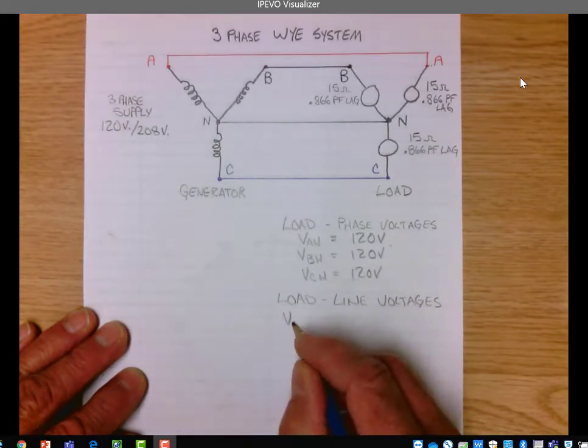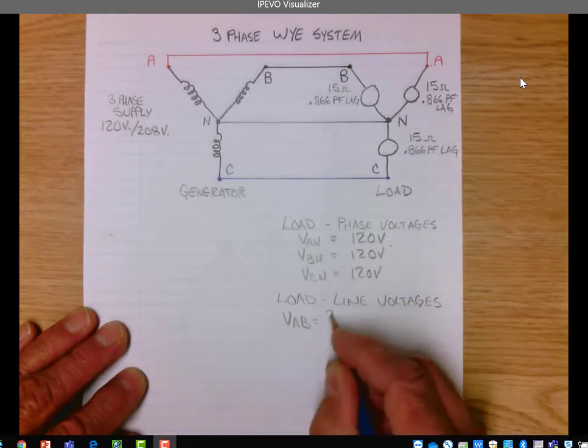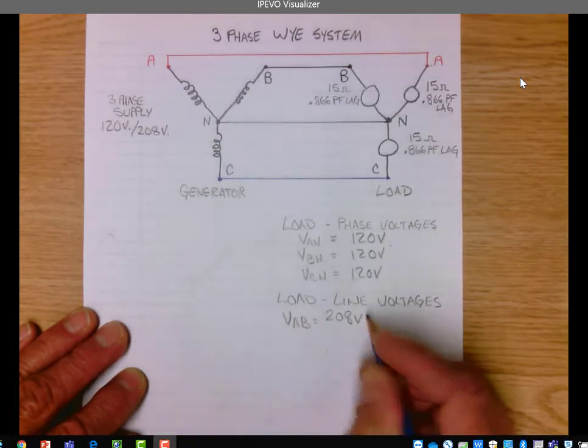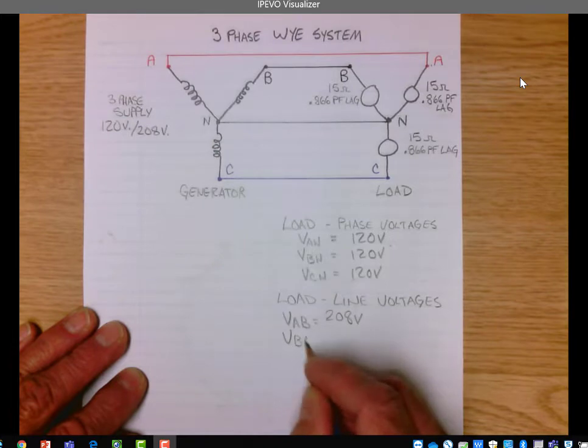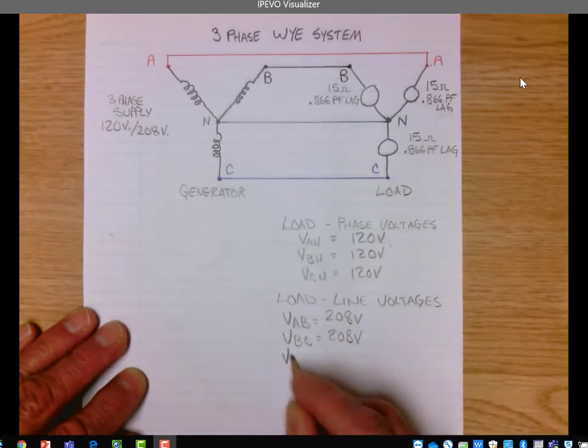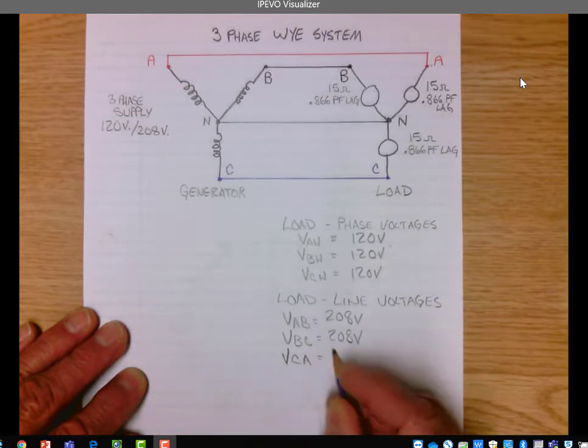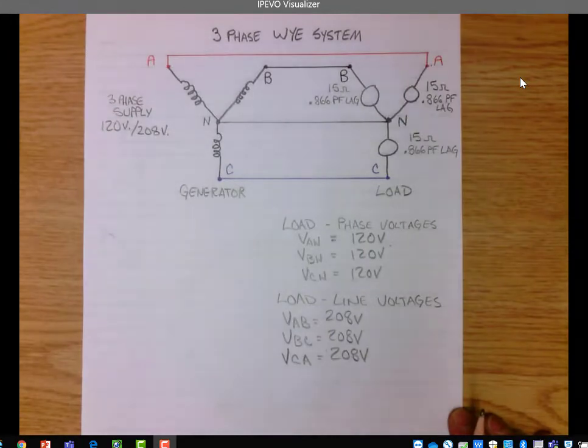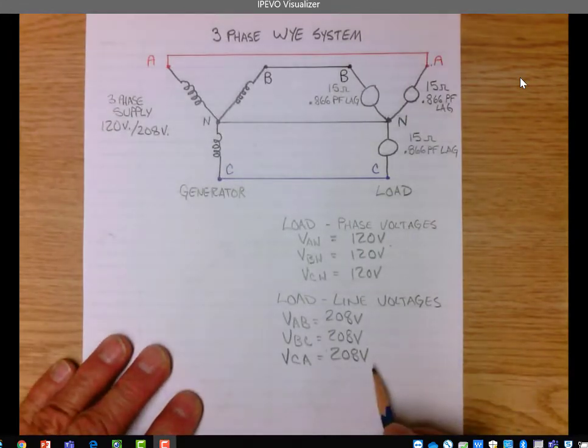So VA to B is 208 volts. VB to C is 208 volts. And VC to A is 208 volts. They are always, again, the higher voltage.